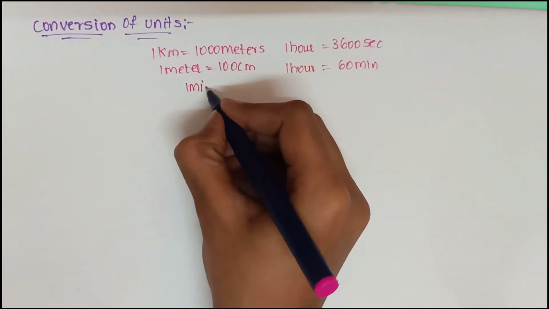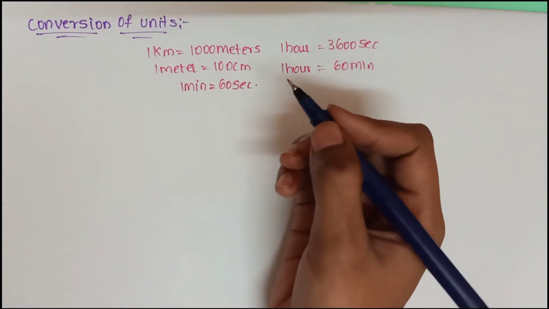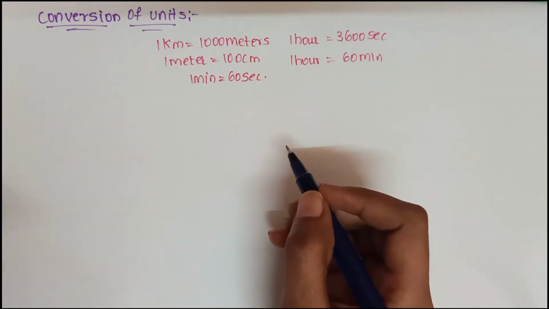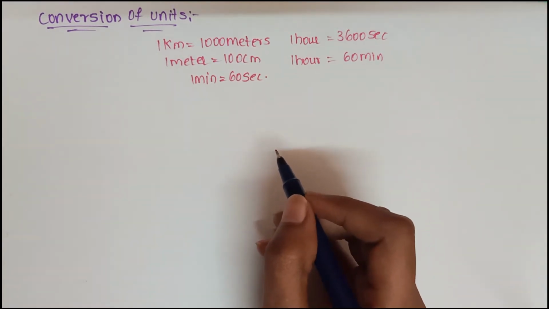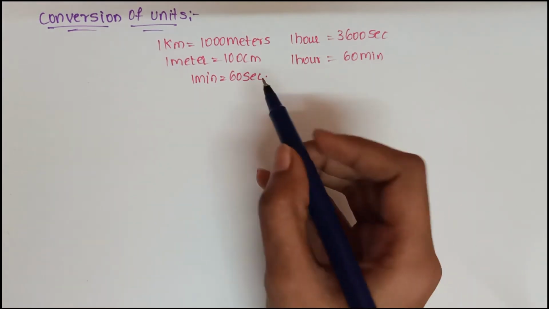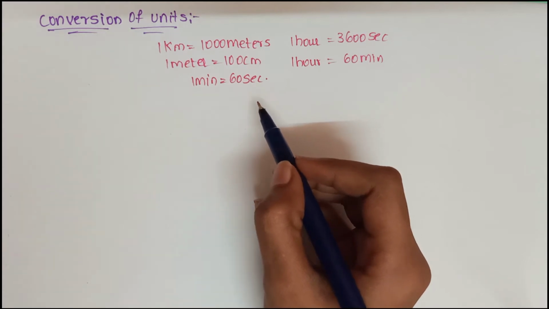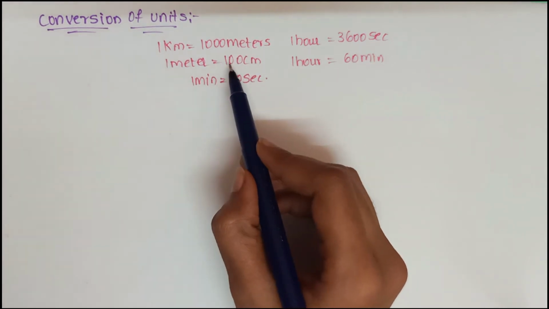And 1 minute is 60 seconds. These are very simple, but you want to learn these. If you don't learn these, when you go to write any exam and you don't know what 1 kilometer is, then you cannot write the exam. You know the formula, but you don't know what 1 kilometer is.